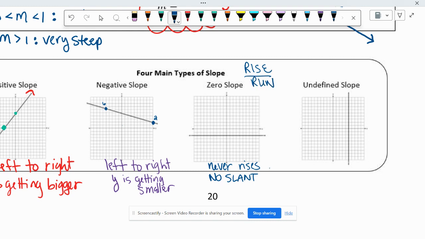And if your line never goes up, that's 0 over any number, 5, 7, 10, whatever. What is 0 divided by anything? It's still 0. That is why your slope equals 0. This is horizontal.